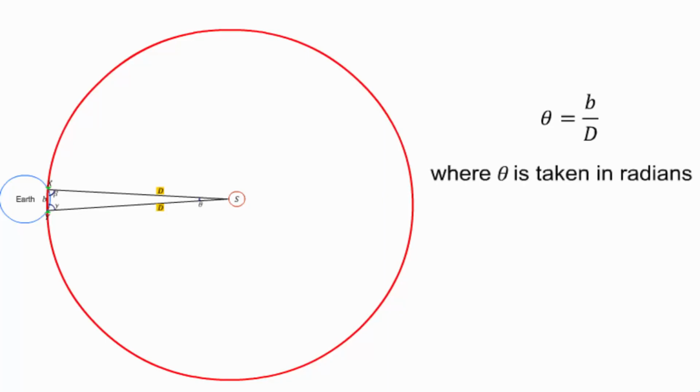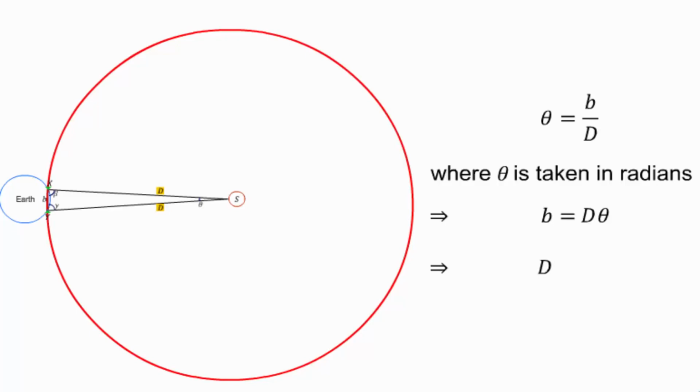Thus, basis B is equal to D theta. This implies that the distance of the planet D from the Earth is the ratio of B to theta.